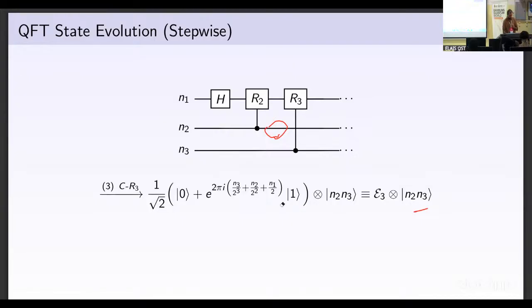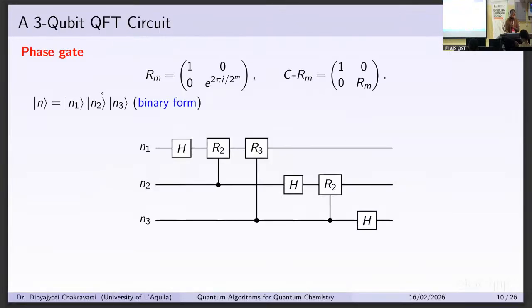So till now, we have only been doing the operations on the first qubit. This is still intact. And if you remember the full circuit, there is nothing after this. So there is no more evolution on the first qubit.